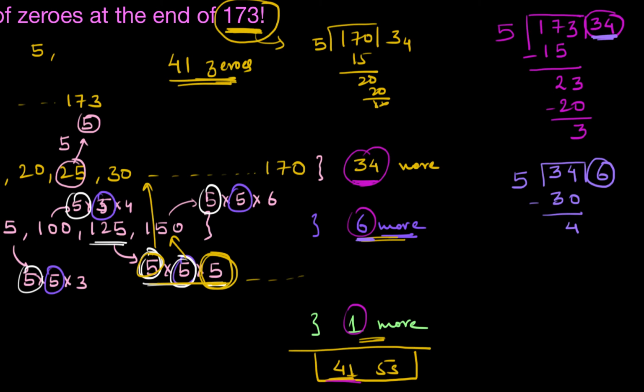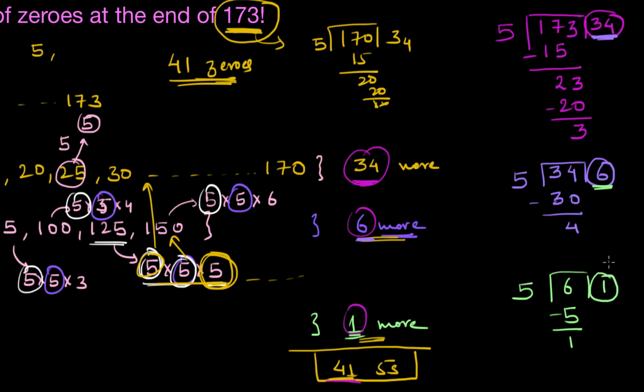And similarly this 6 here, if I divide it by 5, I'll get 1 as a quotient and 1 as a remainder. So this one that I have because of 125, this one extra 5, I'm getting as a quotient here.